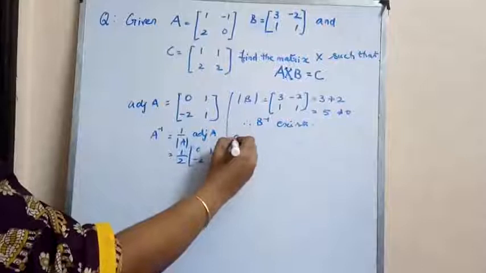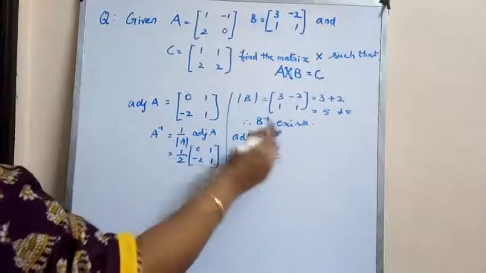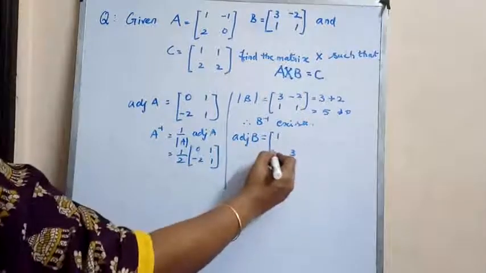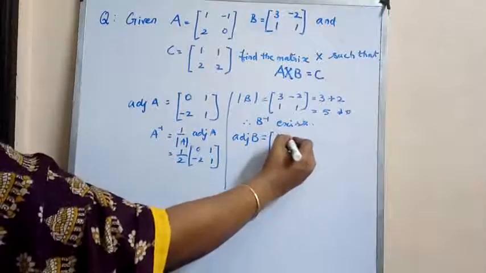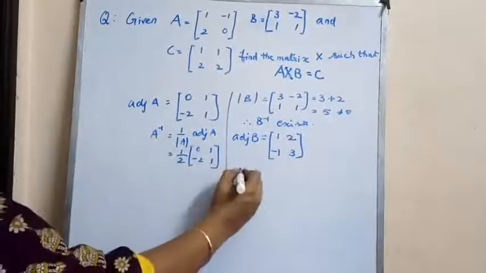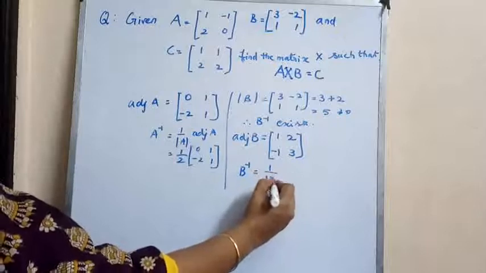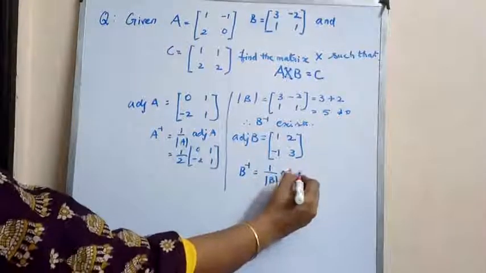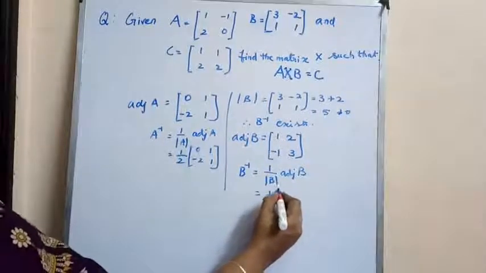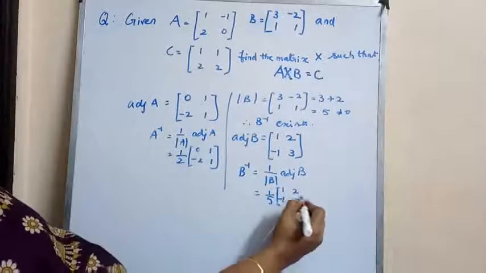So next thing we have to find is adjoint of B. Adjoint of B is, as I have said earlier, just interchange the elements in the leading diagonal and change the signs of the off diagonal elements. So this is adjoint of B. So B inverse will be 1 by determinant value of B into adjoint of B, which is equal to 1 by 5 into matrix 1, 2, minus 1 and 3.